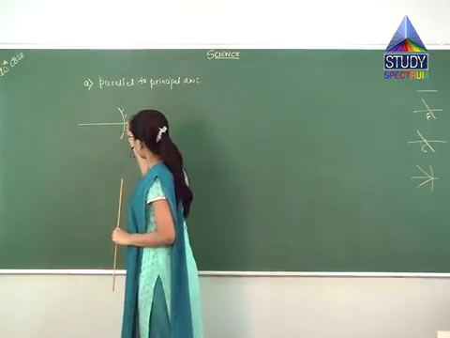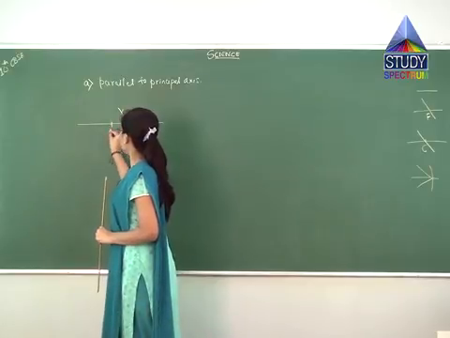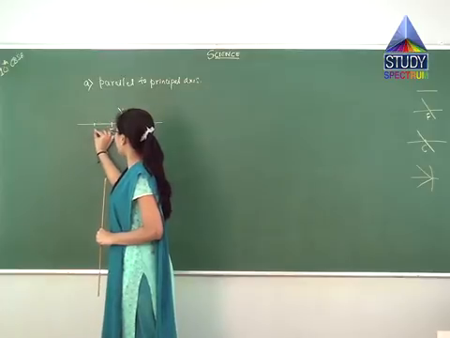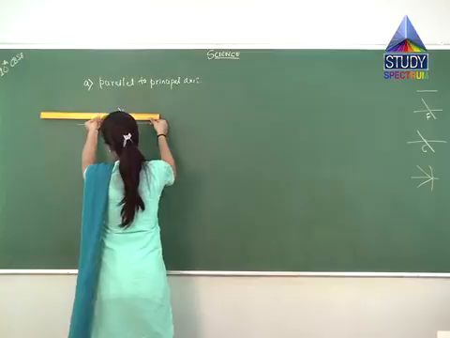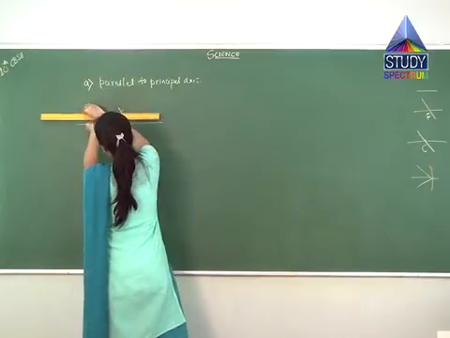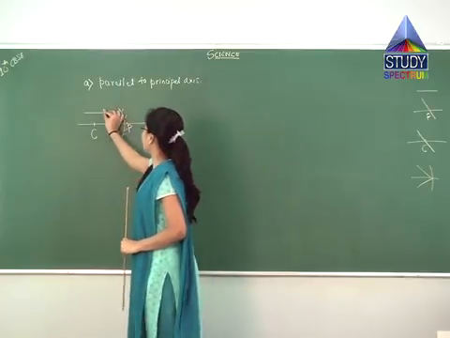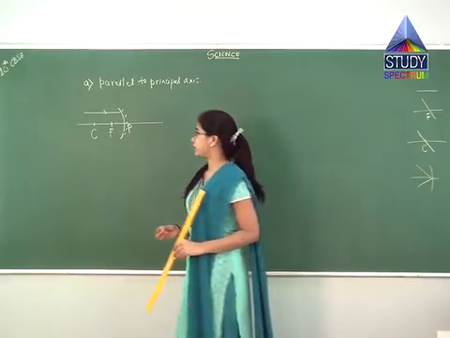Suppose this is my pole, this is my principal focus, and this is my center of curvature. Now let us draw an incident ray parallel to the principal axis. So the point is, how will it get reflected?